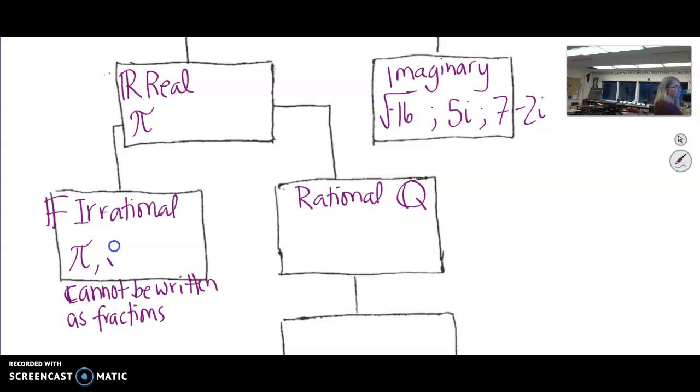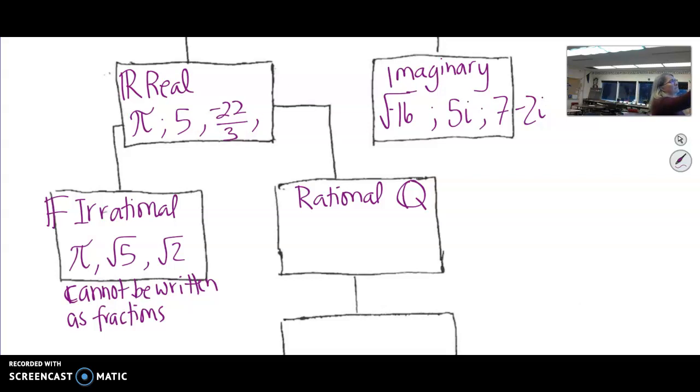So pi, the square root of 5, the square root of 2, those are all irrational numbers. Rational numbers include, like, the number 5 is a rational number because it can be written as a fraction. The number 22 over 3, and we can throw negatives in there as well. So all positive and all negative rational and irrational numbers.